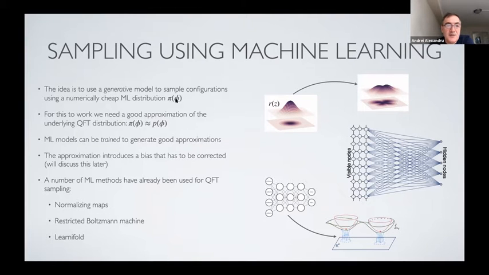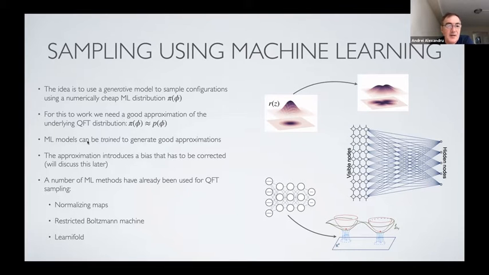For this to be useful to us, this probability distribution in the machine learning model has to be approximately equal, or to a good approximation equal, to the probability distribution that we want in the quantum field theory.